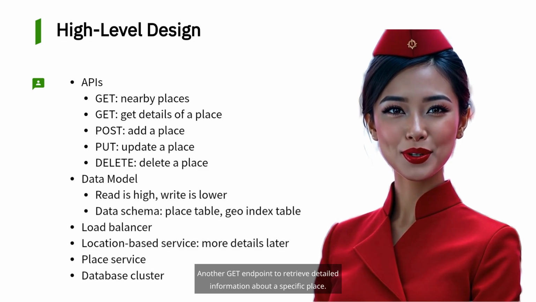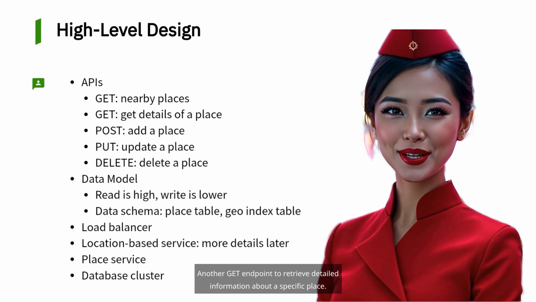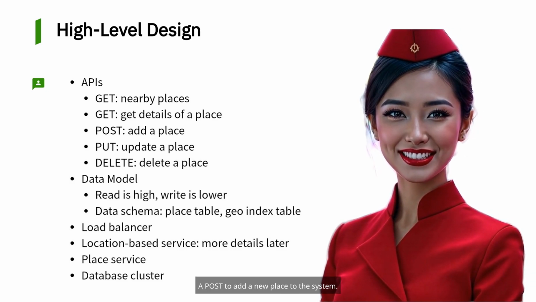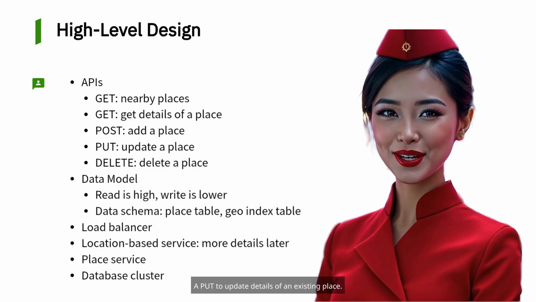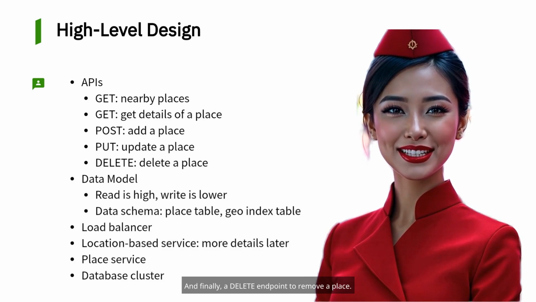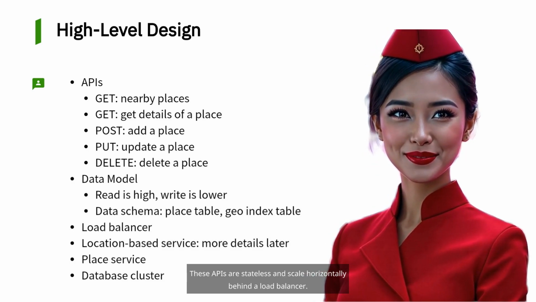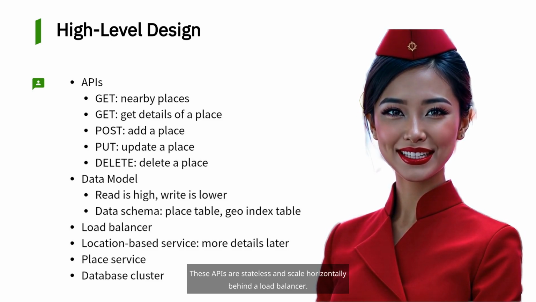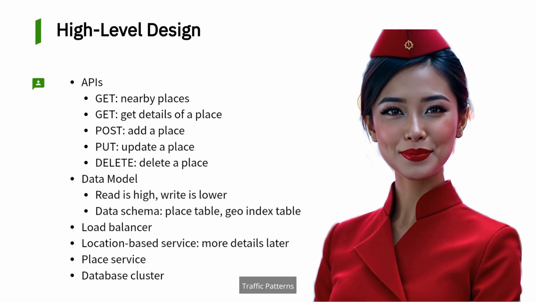Another GET endpoint to retrieve detailed information about a specific place. A POST to add a new place to the system. A PUT to update details of an existing place. And finally, a delete endpoint to remove a place. These APIs are stateless and scale horizontally behind a load balancer.